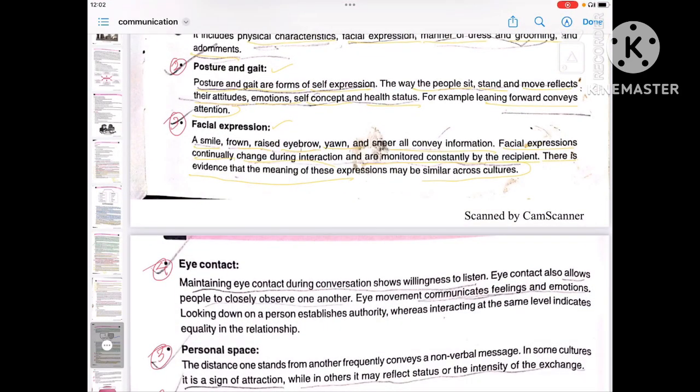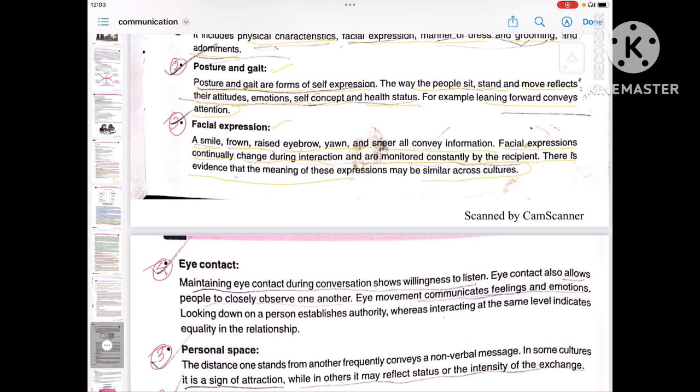Obviously we will find out from the eyebrows. The eyebrows will show if they don't like something, and their face will be very angry, or if they are happy the face will be glowing. So that conveys the information.